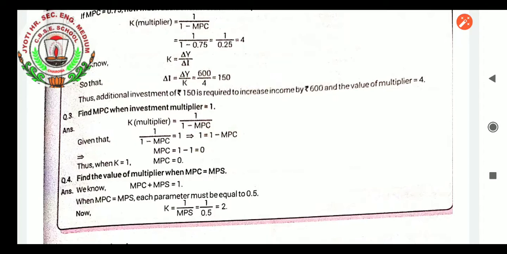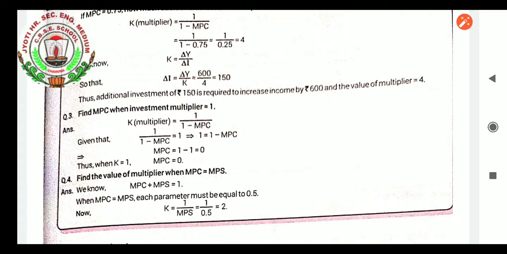So MPC equals 0. In this case, when the investment multiplier is 1 and the marginal propensity to consume is 0, only then will we get the investment multiplier as 1.